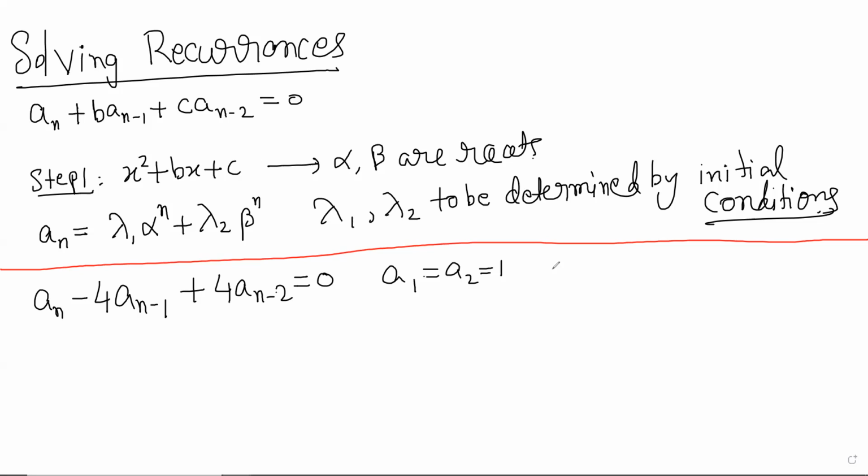So what is a3? Zero. Right, it is 0. So what should the solution be for this kind of question?